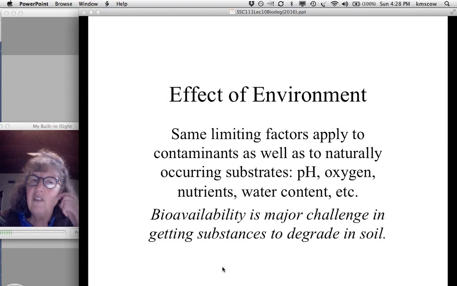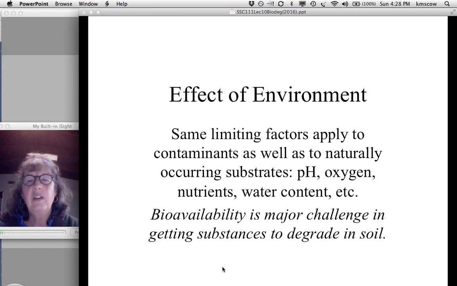So, the effect of the environment: the whole course has been all about it. All those factors that limit rates of carbon turnover and also nitrogen, and the different processes we've been talking about throughout the course, also apply to contaminants. And this includes pH extremes, oxygen, nutrients, water content, all the same things that we've talked about throughout the course apply here as well.